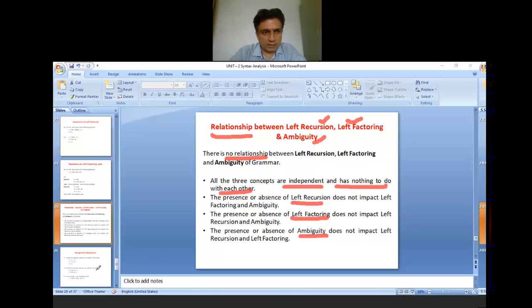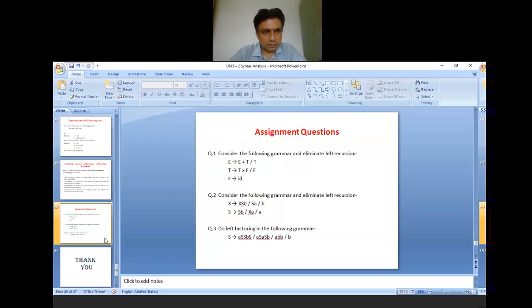So moving to the next slide. This is the assignment question of left factoring, which you need to solve and submit in your assignment 2. You have already done the two assignments which are based on elimination of left recursion, and now the third question is based on left factoring.